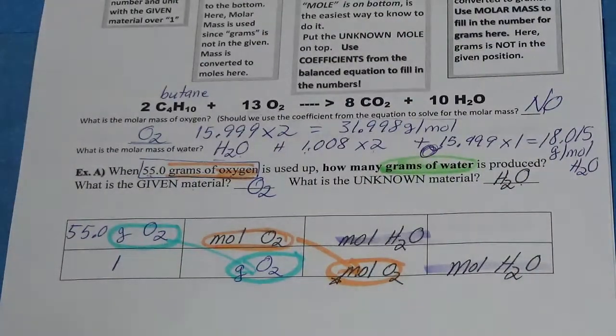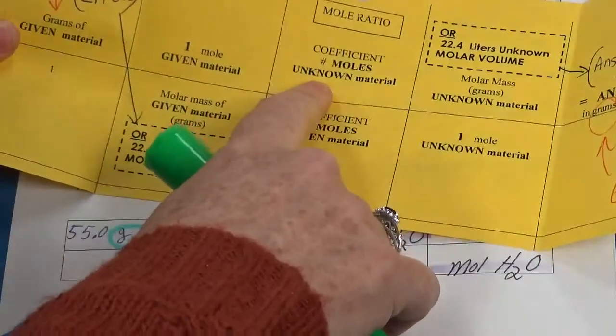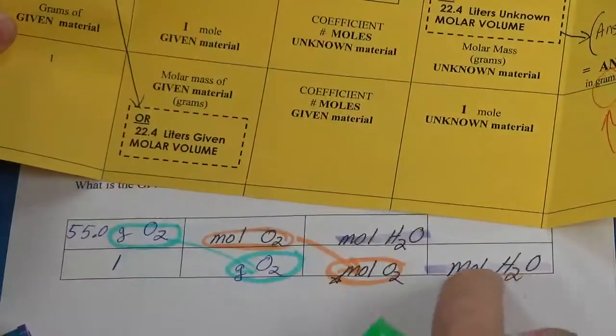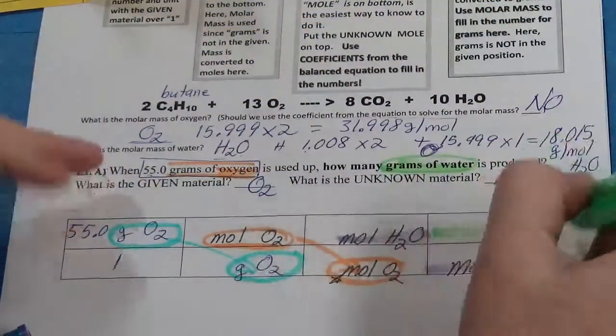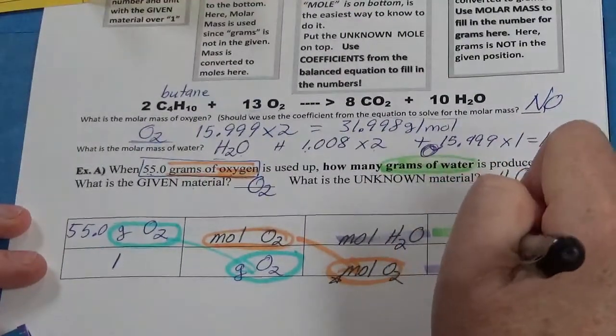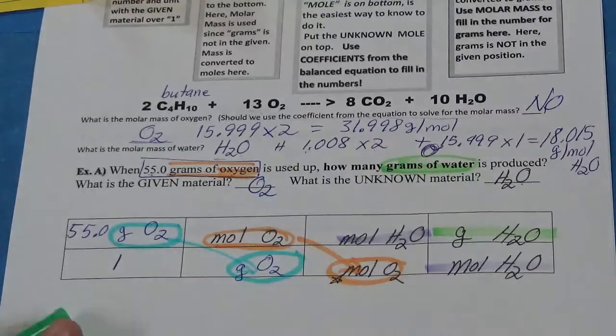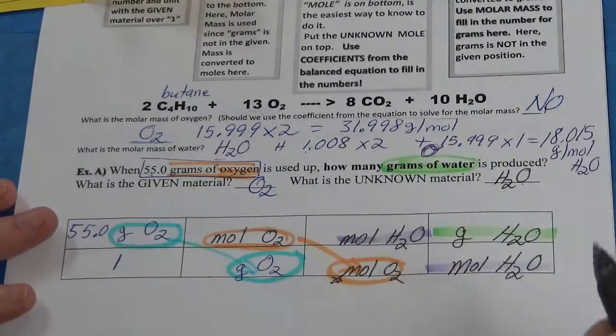Again, I don't want moles of water. I want grams of water. And if we follow the foldable, see moles of unknown, that's what I put. And we're now ready to put grams of unknown, which is the water. So, grams of water. Pause this video at any time to replay or repeat anything I've said.